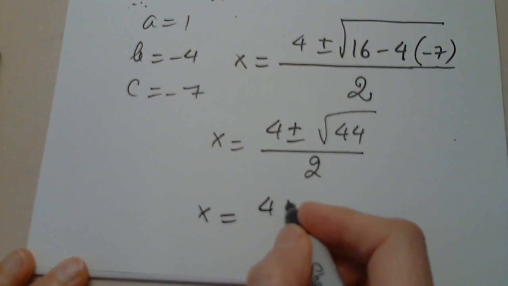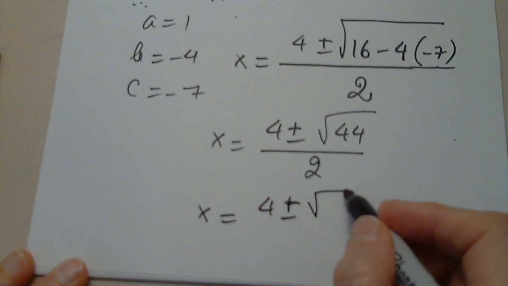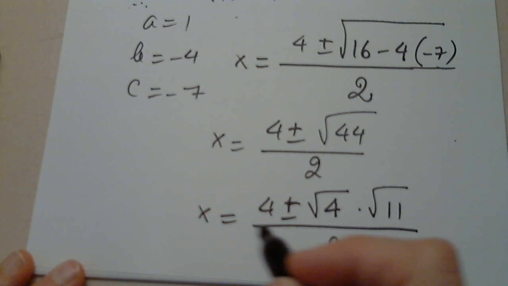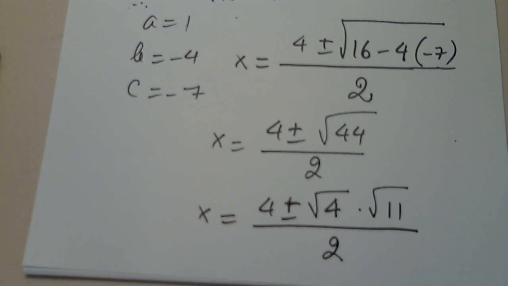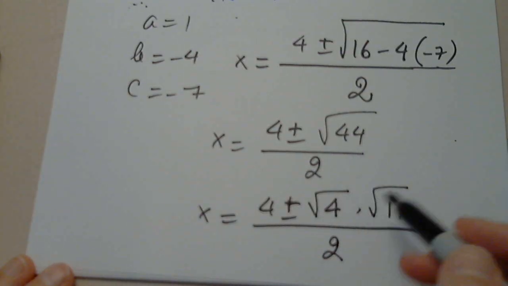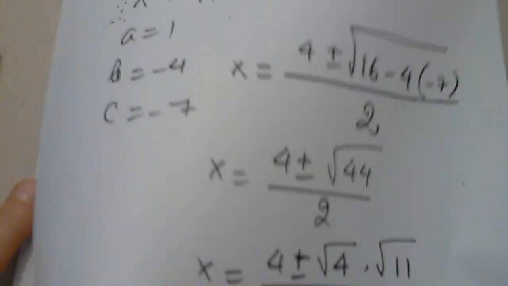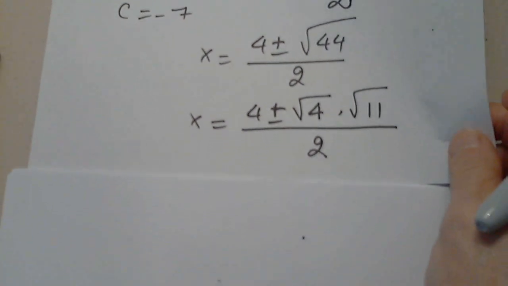X equals 4 plus or minus. I have to write it as the square root of 4 times the square root of 11 divided by 2. It has to be a product so I can simplify it and split the radical. If it's not a product, I can't, for a quotient.